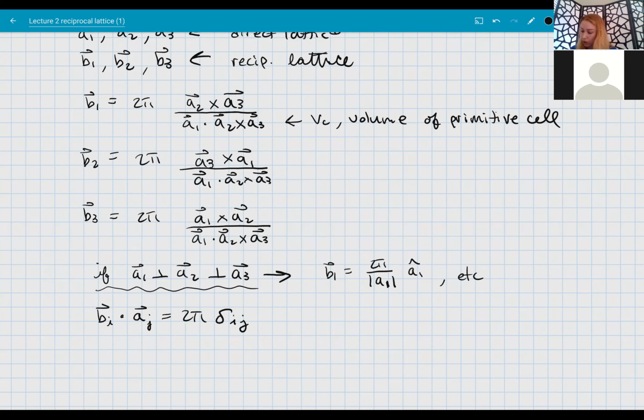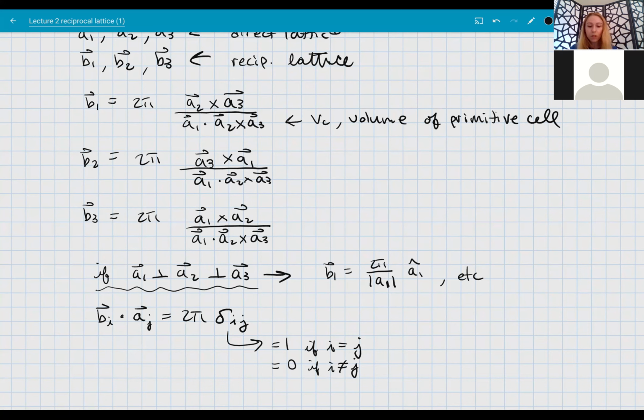Let me just define what this delta is. Delta ij is equal to 1 if i is equal to j, and it is equal to 0 if i is not equal to j.